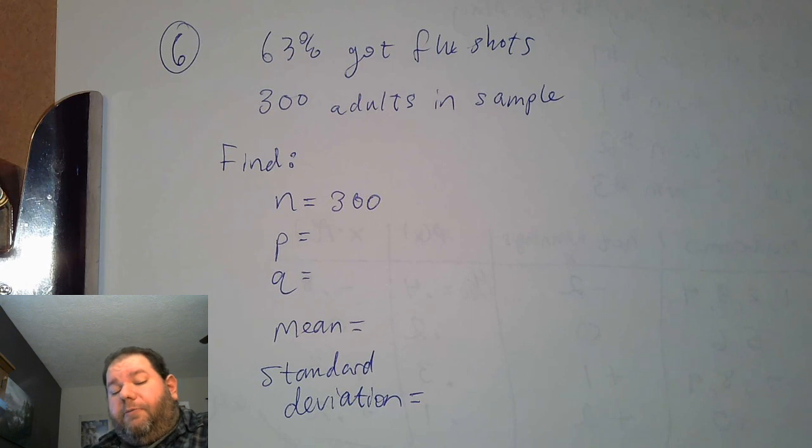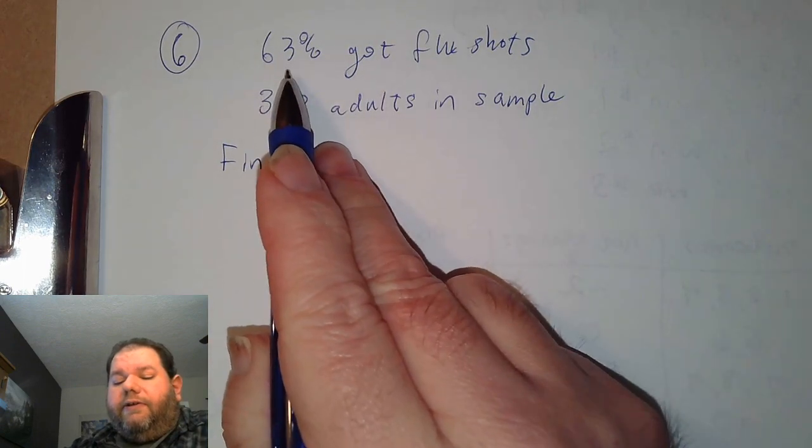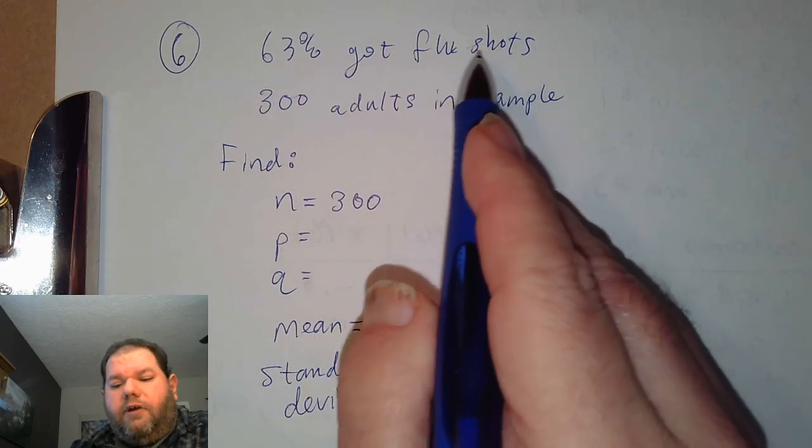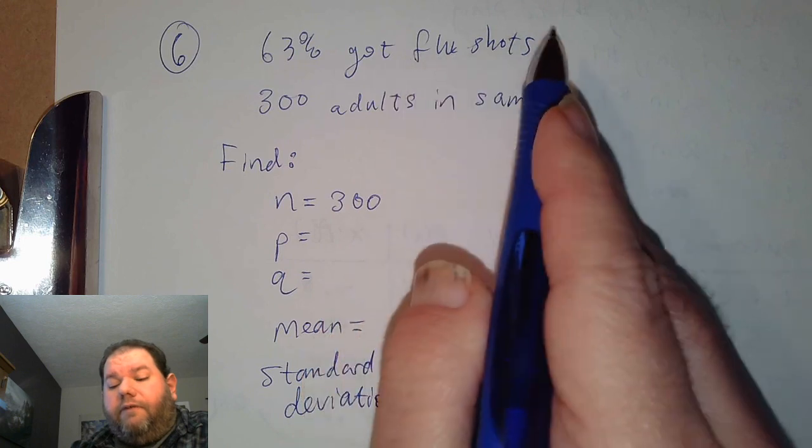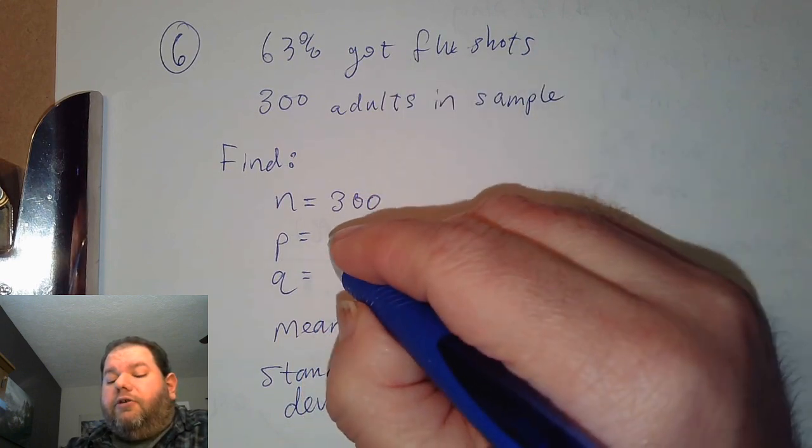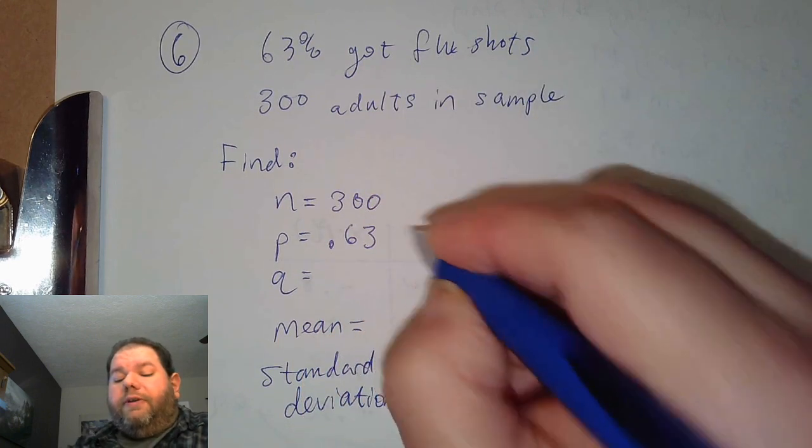P, remember, is defined as the probability of success. And in this case, 63% of adults 65 or older got flu shots last year. So our probability of success is 0.63.